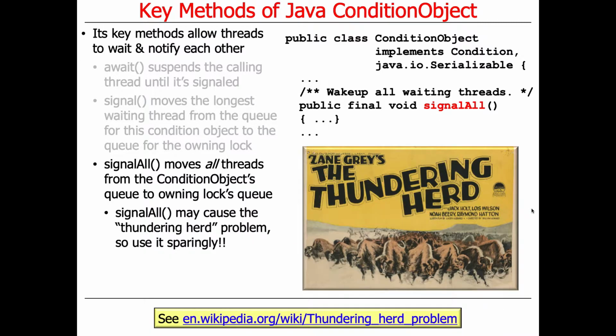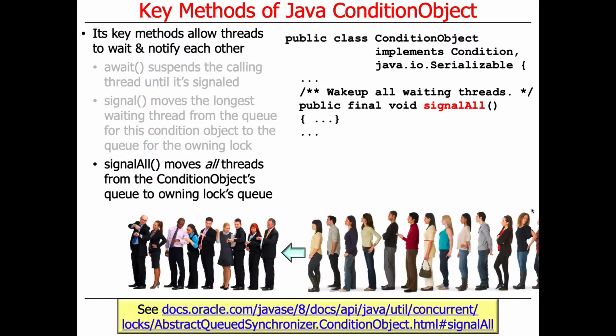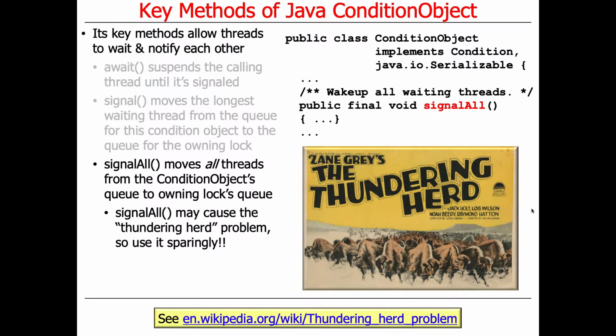The problem with this is that in many situations, this will lead to something called the thundering herd problem. The thundering herd problem is a whimsical analogy that says there's a thundering herd descending on this one poor lock queue. This becomes particularly problematic if only one of those threads actually gets a chance to do anything.